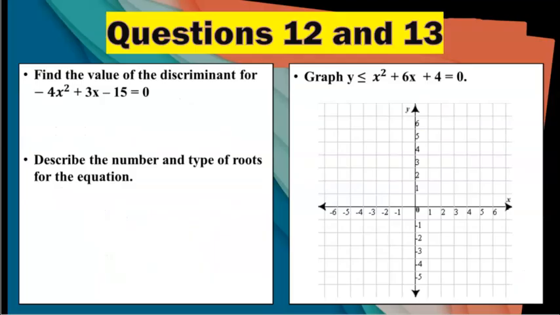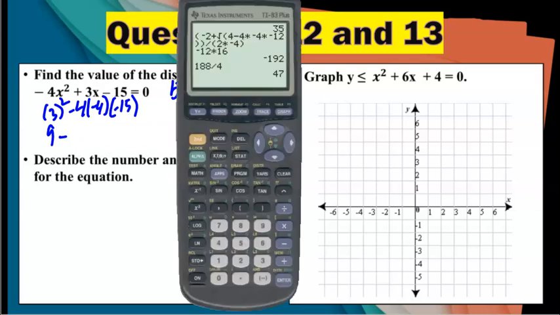Question 12, find the value of the discriminant for this quadratic. Again, the discriminant is b squared minus 4ac. So my b is 3, so I got 3 squared minus 4 times our a, which is negative 4, times our c, which is negative 15. So that gives us 9 minus, and we'll grab our calculator again.